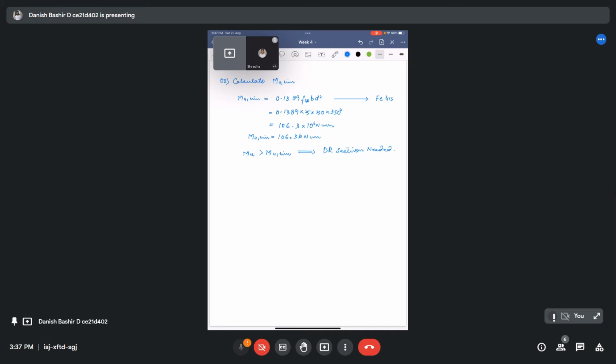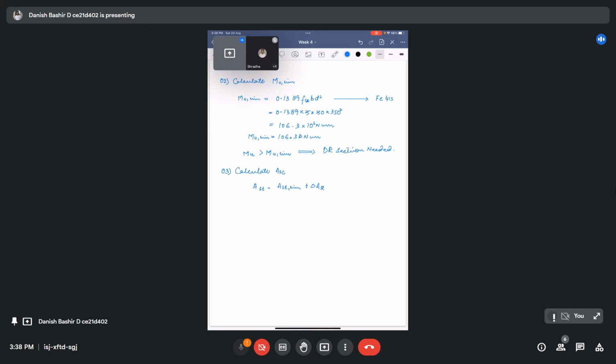Okay. So third step. In the third step, we will be determining the compression reinforcement that we have to put for making it a doubly reinforced section. Calculate ASC. I already told you AST total is equal to AST limiting plus delta AST.